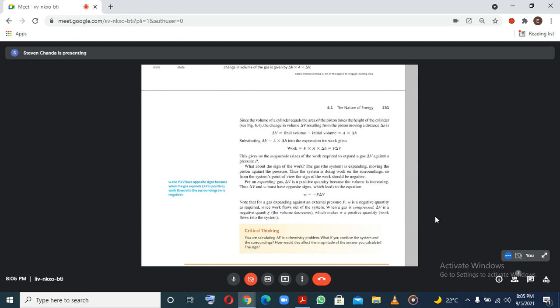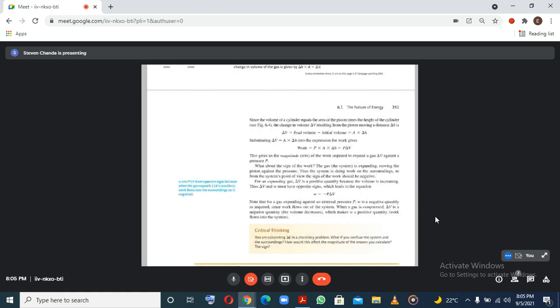If it's doing work on the surroundings, it's losing energy, isn't it? So, like we said earlier on, work should be negative. So when there is expansion, the work is negative.